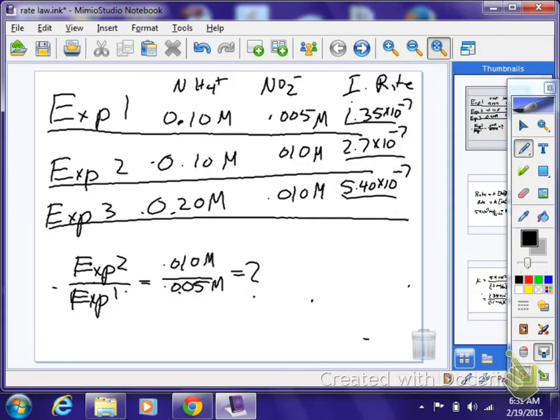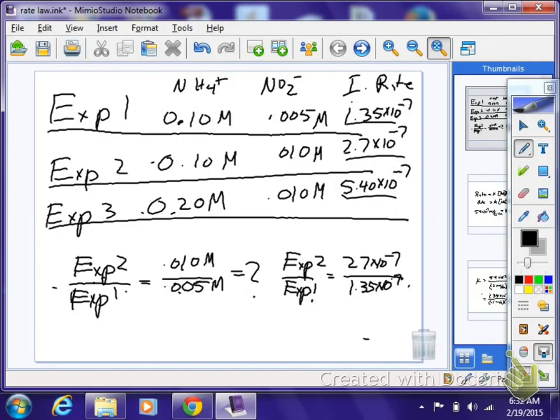If we do the same for the rate, experiment 2 over experiment 1, when we look at those results, we would see 2.7 times 10 to the minus 7 over 1.35 times 10 to the minus 7.